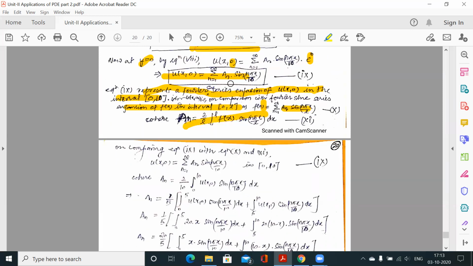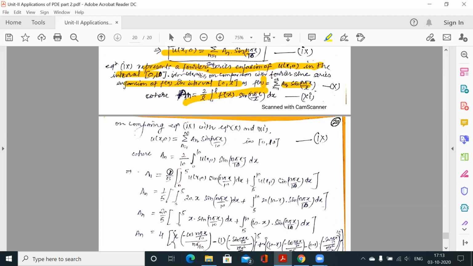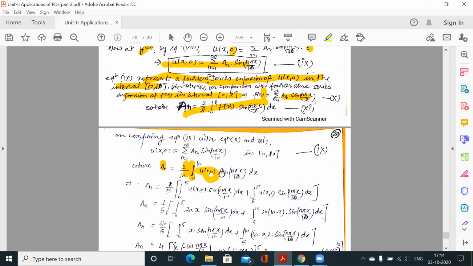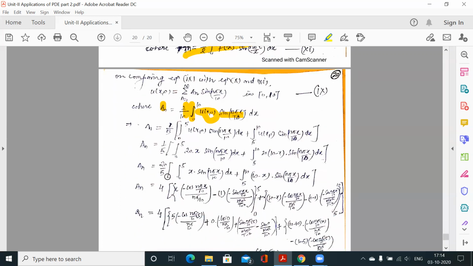So again we have a_n equal to 2 by L, L is 10 here, integral from 0 to 10 of f(x), which is whatever is the left hand side, so u(x, 0), times sine of n pi x by 10. Clear?